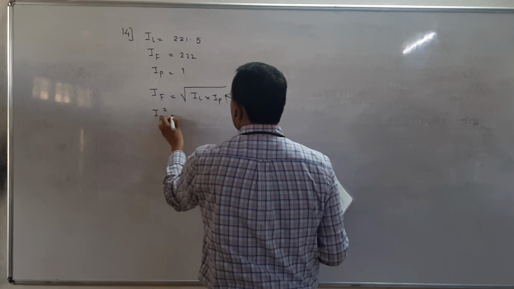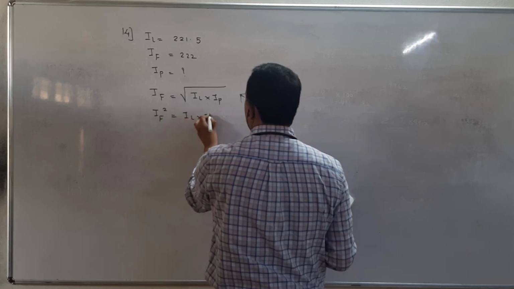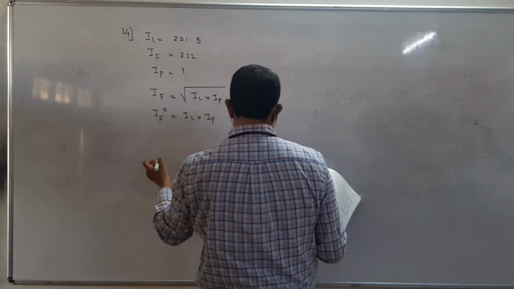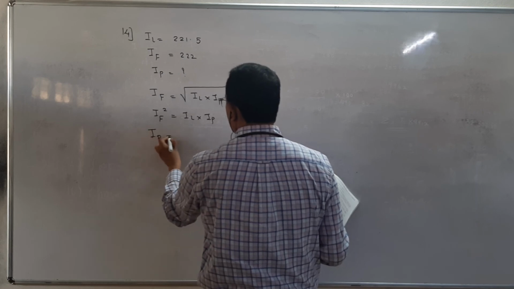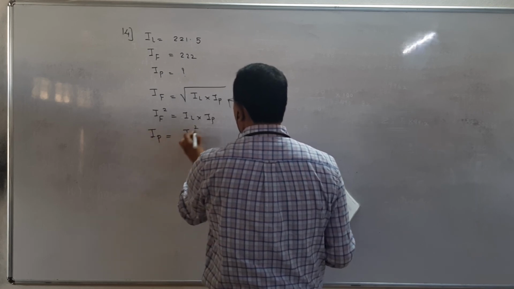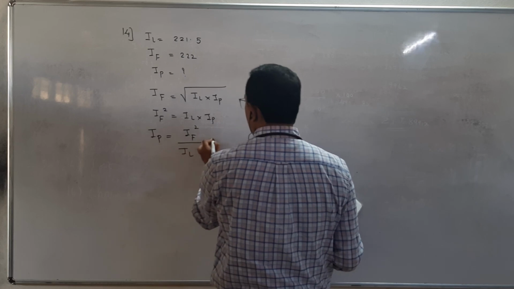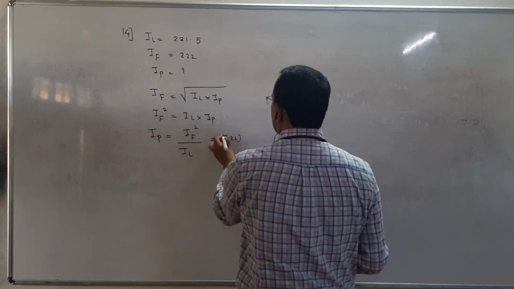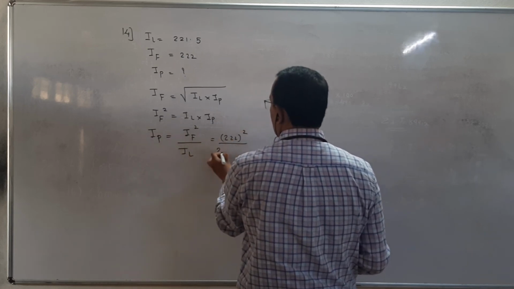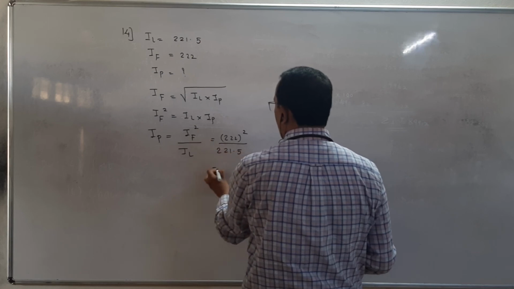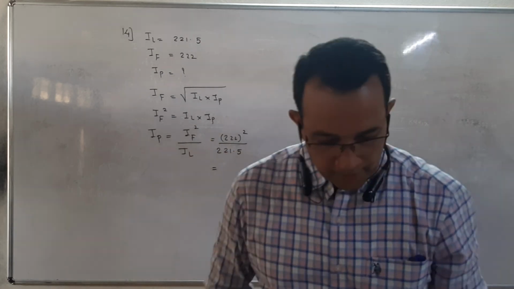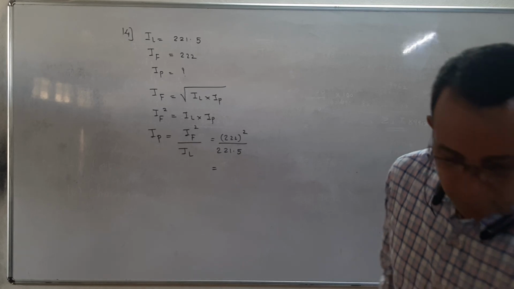So IF square will be IL into IP. So IP will be IF square upon IL, that is 2 square upon 2 to 1.5, and simplify. This comes out to be 222.5.